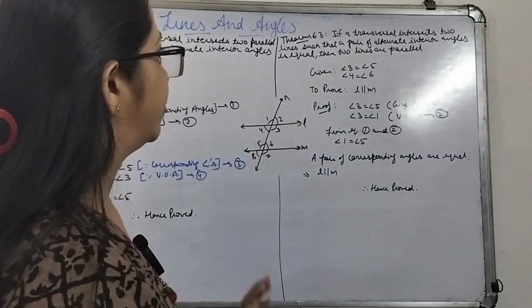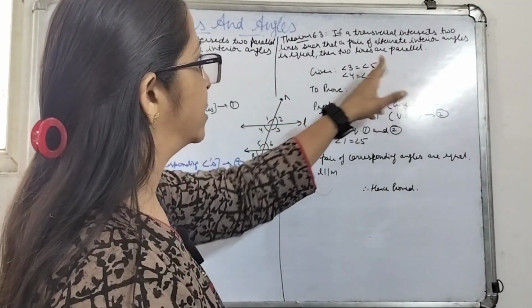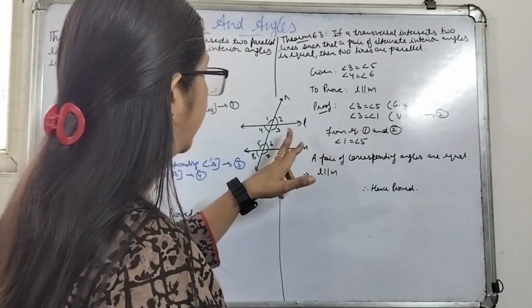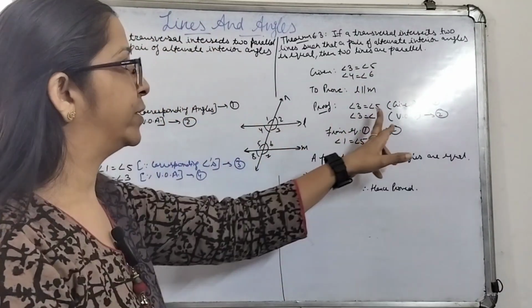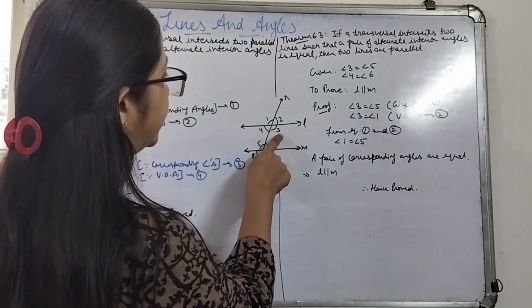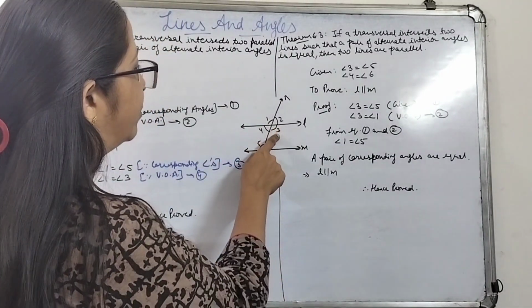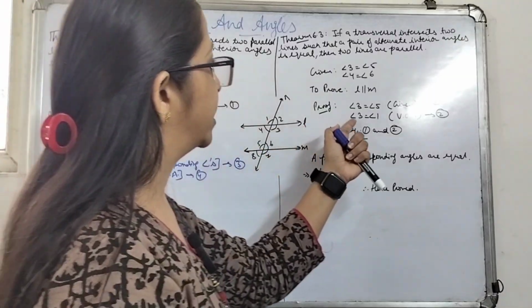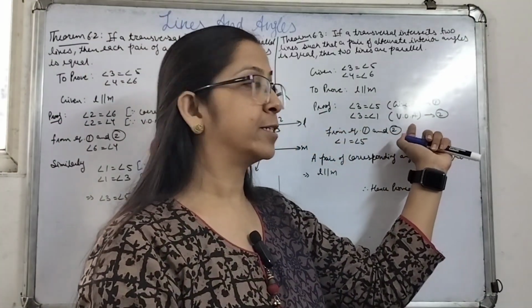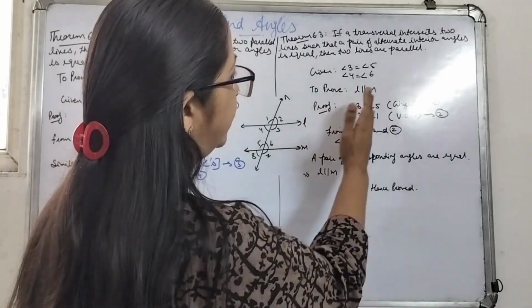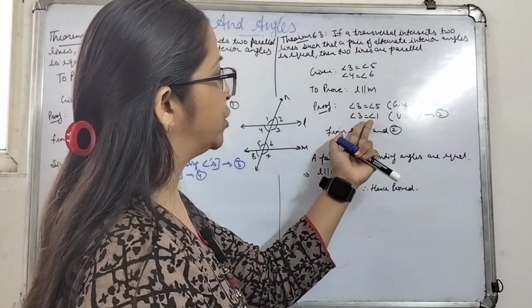Now in the proving, first we are taking this case. Over here it is given that angle 3 is equivalent to angle 5. Now angle 3 and angle 1 are vertically opposite angles, so angle 3 will be equivalent to angle 1. Now from equations 1 and 2, we can see that the LHS part of both the equations is the same.